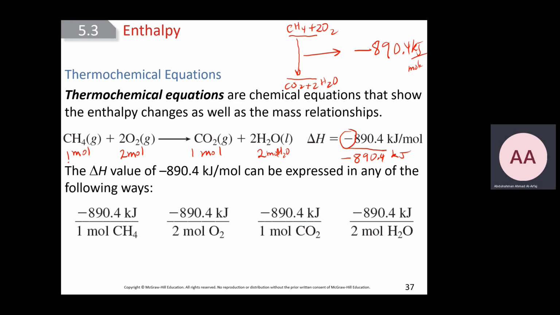So 1 mole is related to 890.4, or I can say also 2 mole of O2 is related to the same heat, or 1 mole of CO2 is also related to the same heat, and 2 mole of H2O is related to this heat. So if I give you only one of them, you can calculate the heat easily.